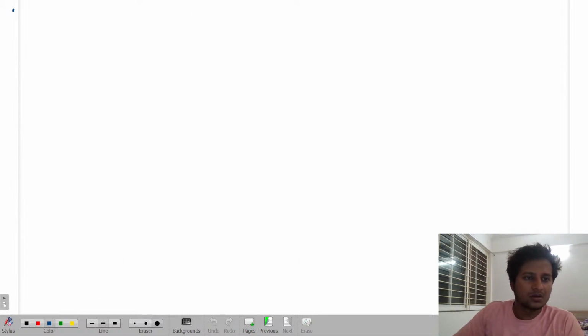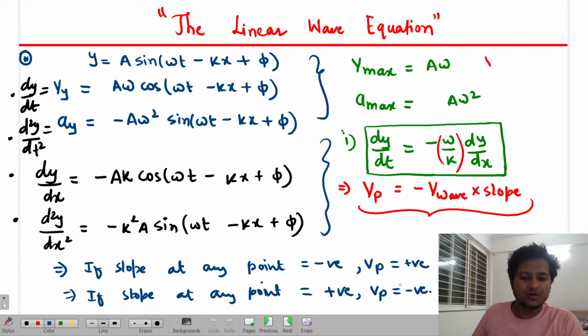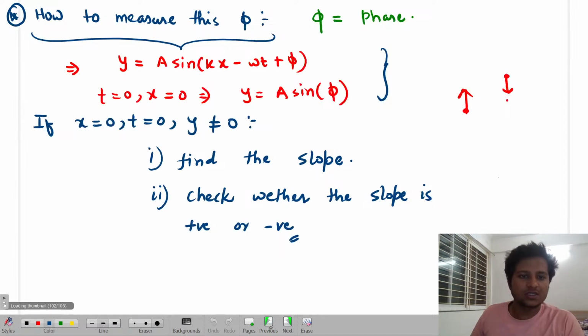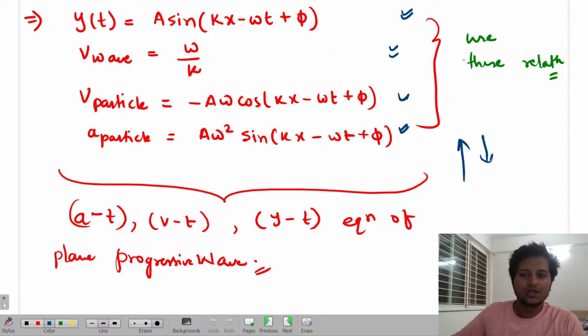Now, this concept of negative and positive, these equations are possible only for conventional cases. These equations are absorbed when we include the equation of the wave, y(x,t) equal to a sin(kx minus omega t). Everything is totally absorbed over here. Why?